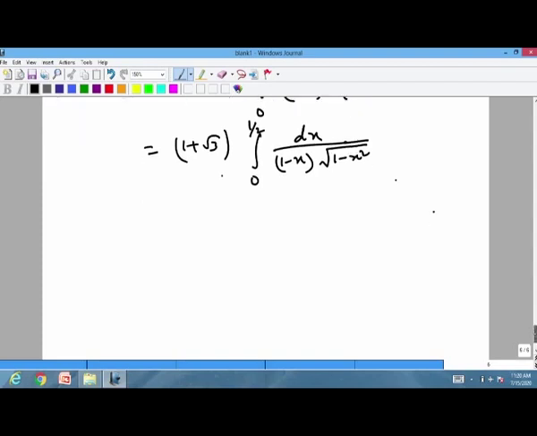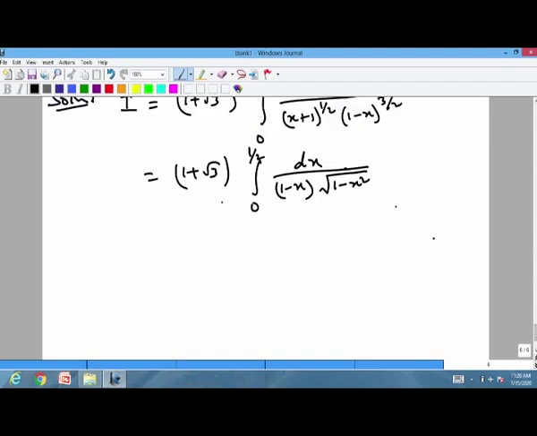Now, here we have a simple substitution, because we have this 1 minus x square term, we should try substitution x equal to sin theta.